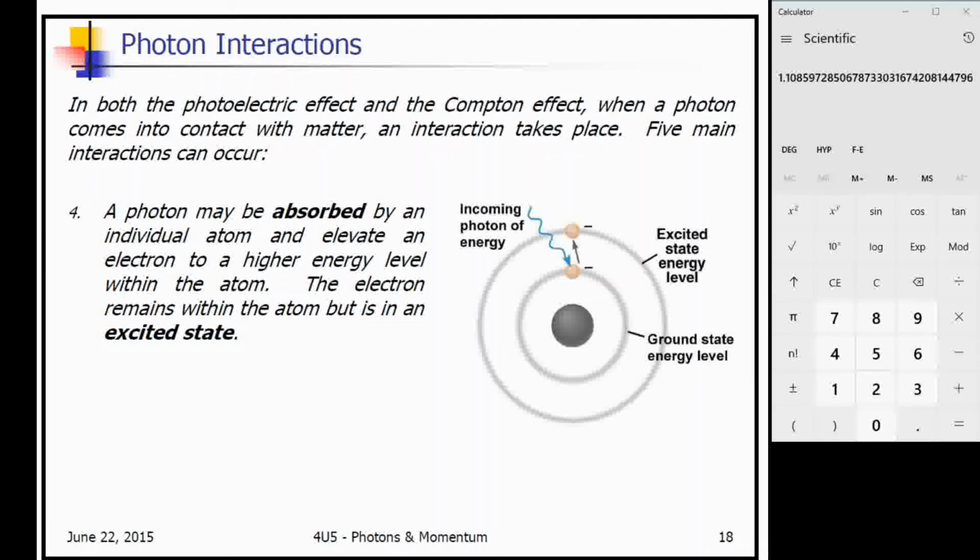If you remember from chemistry, electrons in a more excited state are farther away from the nucleus. So the electron that absorbs the photon ends up moving farther away from the nucleus of the metal that it's attached to. So that's absorption.